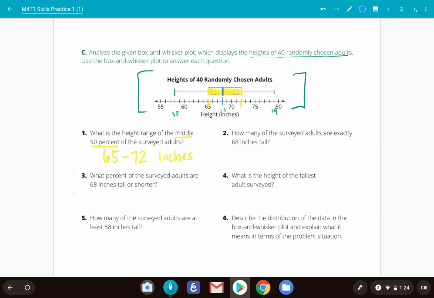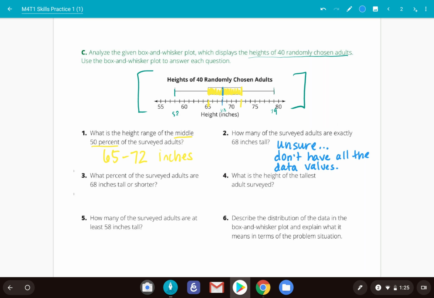So we're unsure, because we don't have all the data. We just have the 5-number summary, so we can't tell how many are 68 inches. We know at least one.